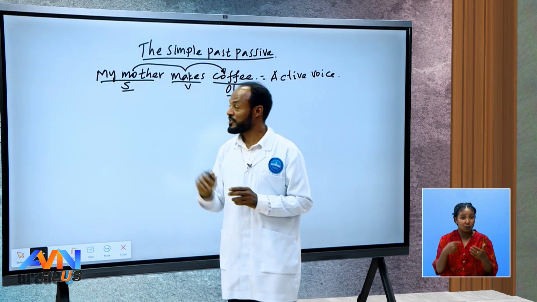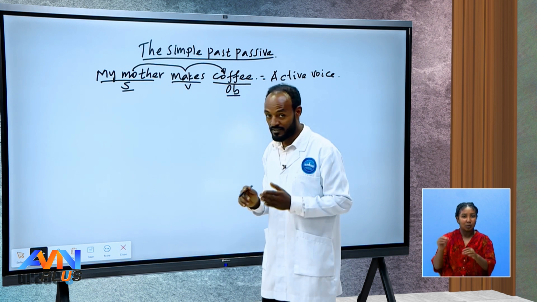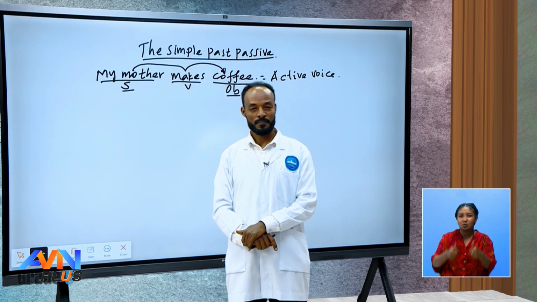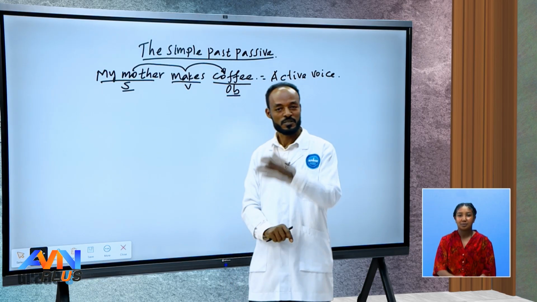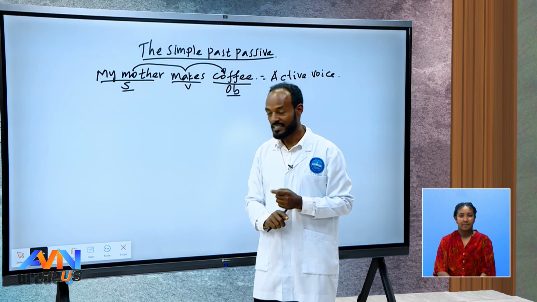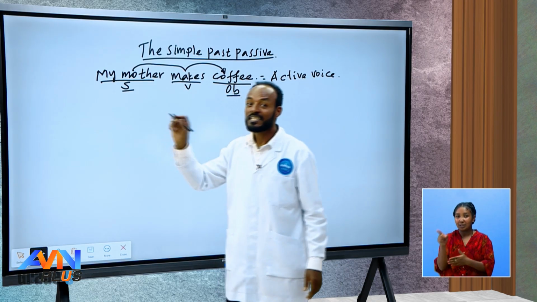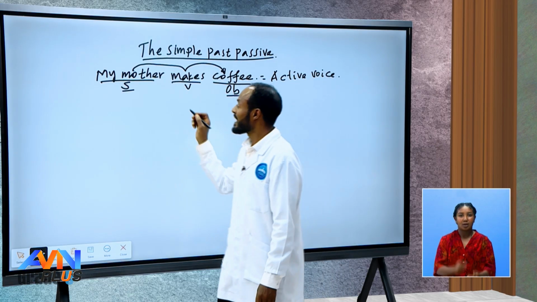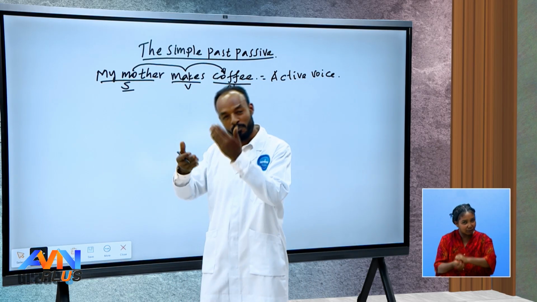So, good students, please tell your parents, is this sentence present tense or past tense? Yes, please. Students' parents, please ask him or ask her. Nice. This one is simple present. So, can you change this one into passive voice?